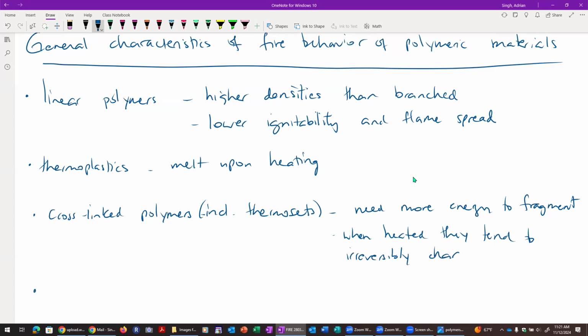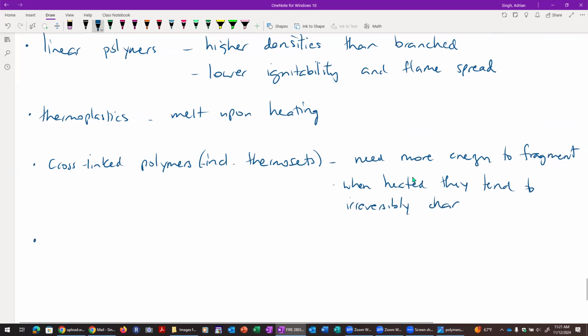And then the other thing that we saw in lab this past week when we did our organic compounds experiment, we saw that polymers containing aromatic groups tend to soot more readily.